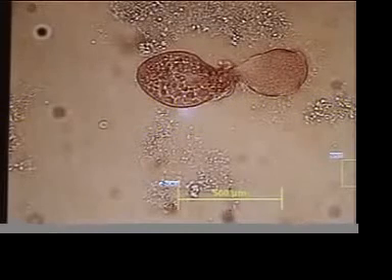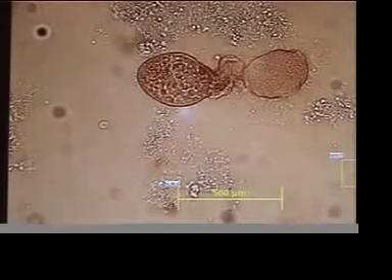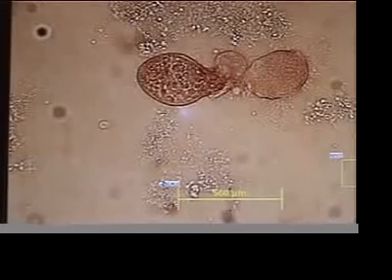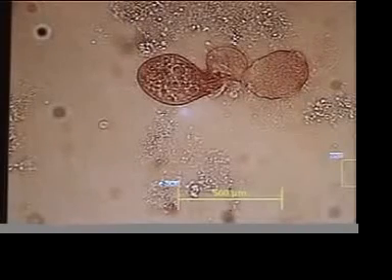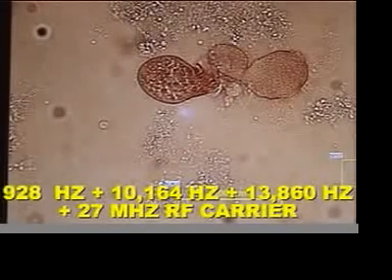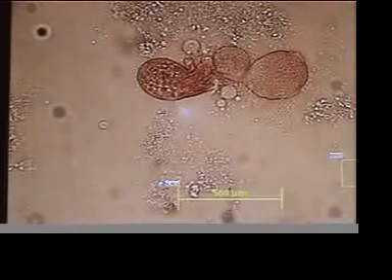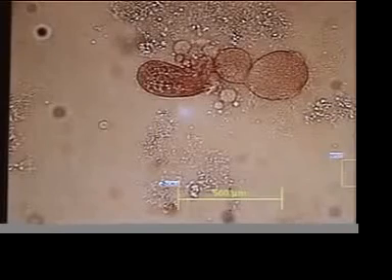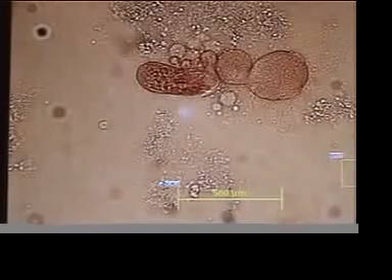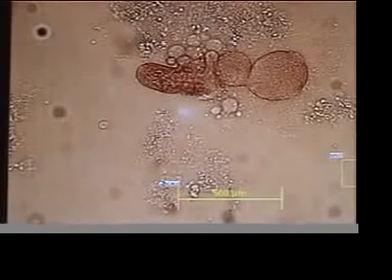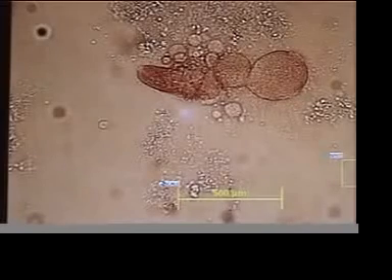And this is the first official full disintegration with 3 frequencies. The 3 frequencies are 928 hertz, 10,164 hertz, and 13,860.